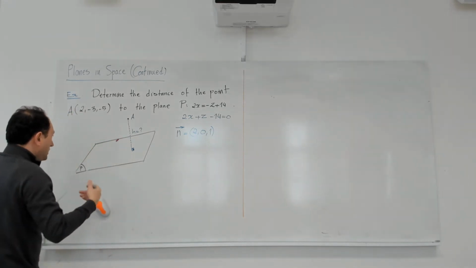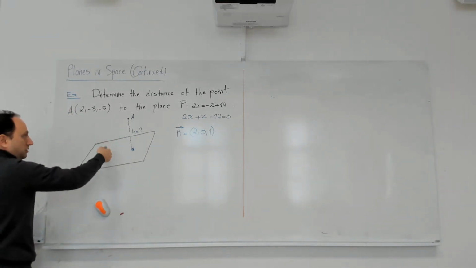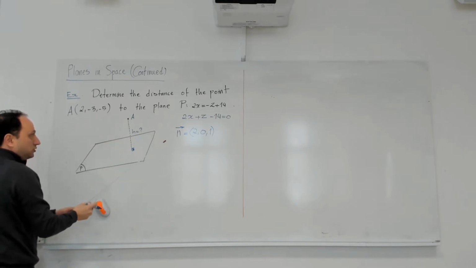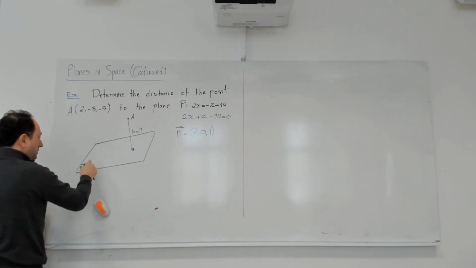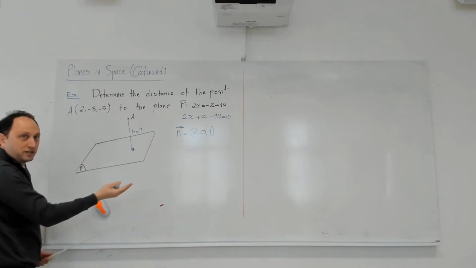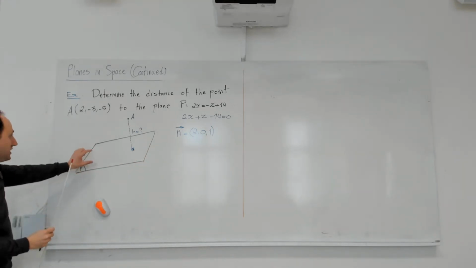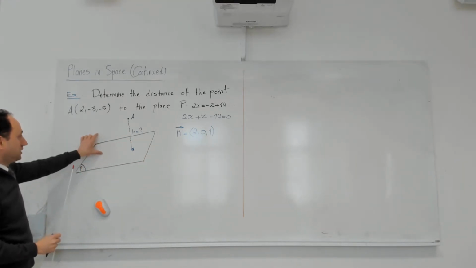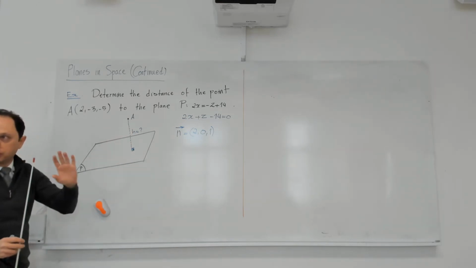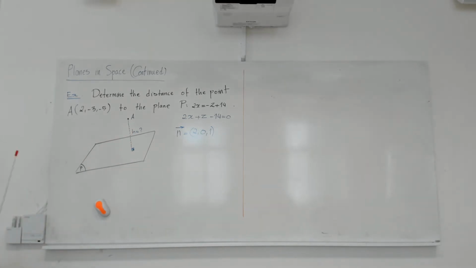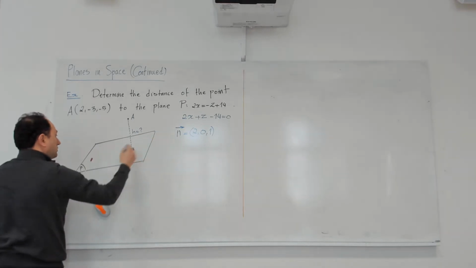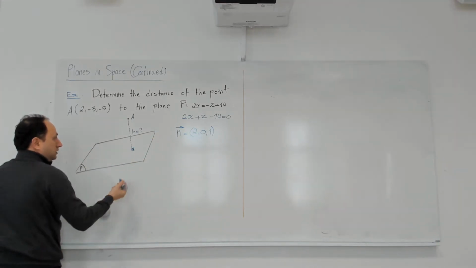Of course, for understanding, I draw a normal vector here, but I really don't know. First of all, there is no location associated with my vector, so I cannot say that this vector starts here, ends here, or it starts here, ends there. We don't know because there is no location associated with the vector. And also we don't know the length.